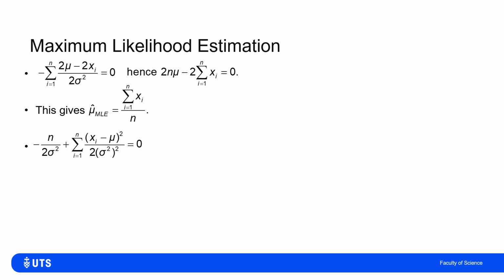To get an estimate of sigma squared is a little bit messier, but again, I can tidy this up. I can multiply everything through by 2 sigma squared to clear up the denominator.